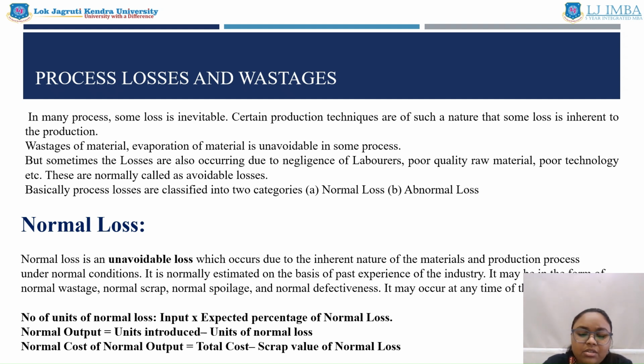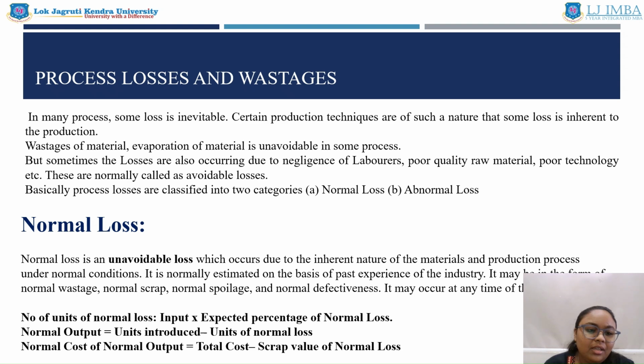So how many kgs of normal loss do we have? 1 kg. So 1 kg into 2 rupees, the scrap value we got is 2 rupees. Our total cost was 100. From that we deduct our scrap value, that is 2 rupees. So our normal cost for our normal output was 98 rupees. I think you are getting the way how normal loss is calculated.